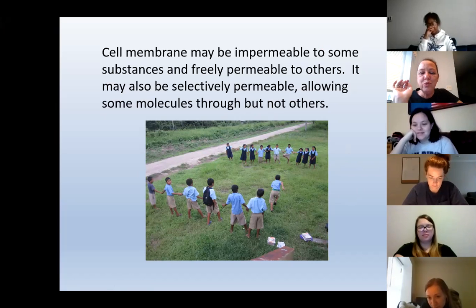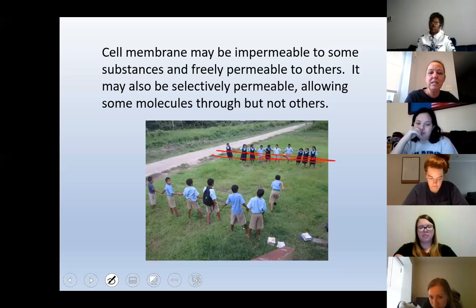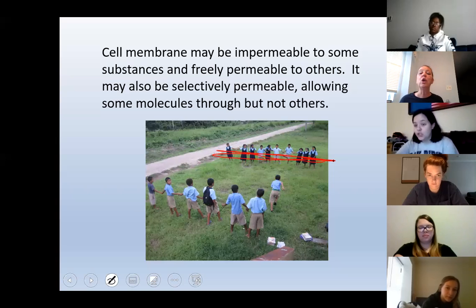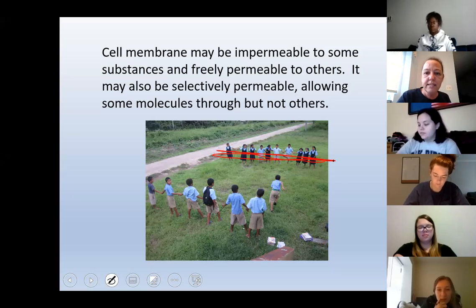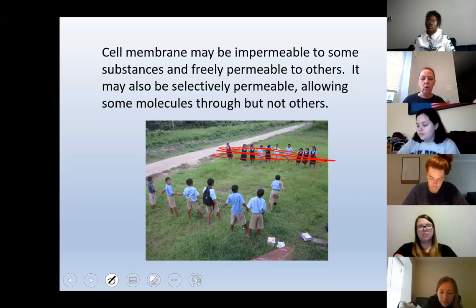For those of you who do not know Red Rover, you have your cell membrane. That's what these children are representing. And the goal is to lock arms, and you say, Red Rover, let Maggie come over. And Maggie revs herself up and goes for a full run, and tries to break through our hands that we are holding.